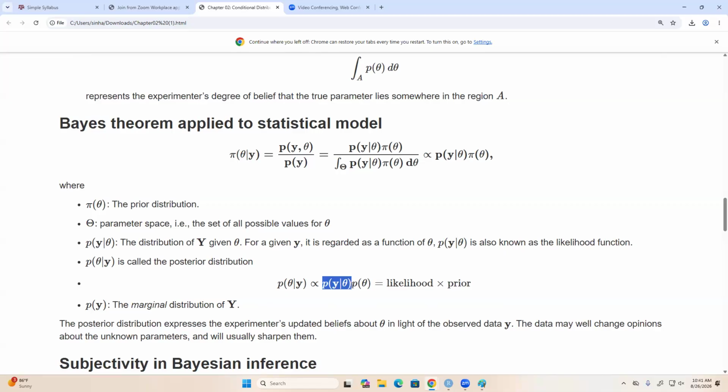Now, I apologize that I'm mixing up the notation P and pi. P here should be pi actually, and this one should also be pi. I will correct that. But I'm sure you understand that I'm referring to the prior distribution and the posterior distribution.